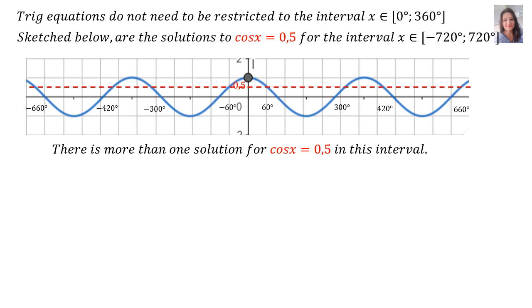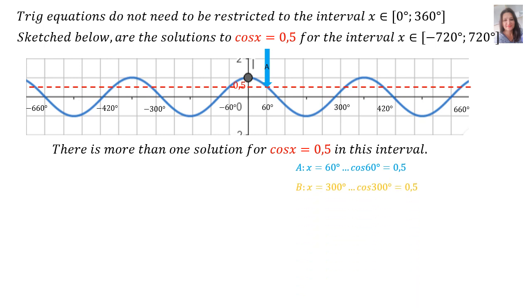Now, that line that goes through 0,5 on the y. Now let's decide at which angle the y will be 0,5. This is what this is all about. Now if you look at this, when you slot into your calculator cos 60, you find the answer is 0,5.